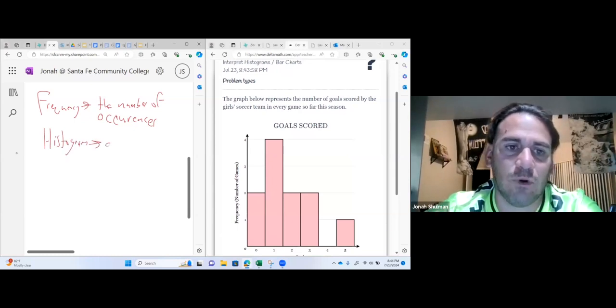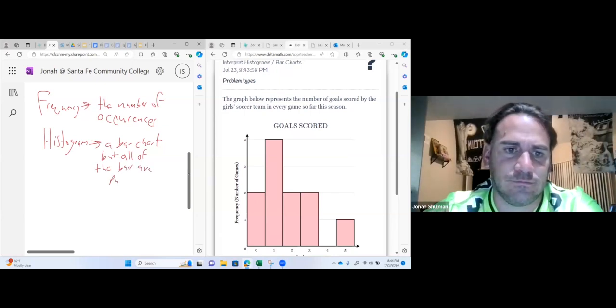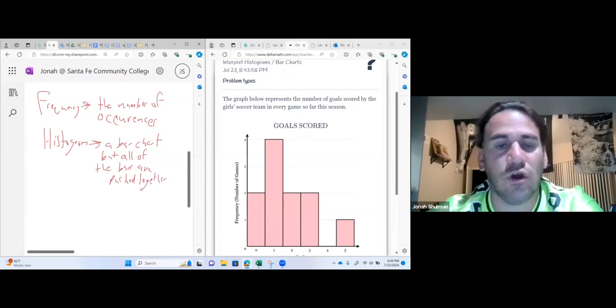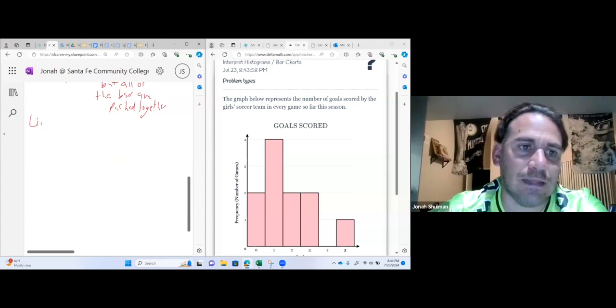A histogram is a bar chart, but all of the bars are pushed together. Notice how there's no space. A lot of times you've got to know what graph to use. If they say a line chart, that's a trend over time.